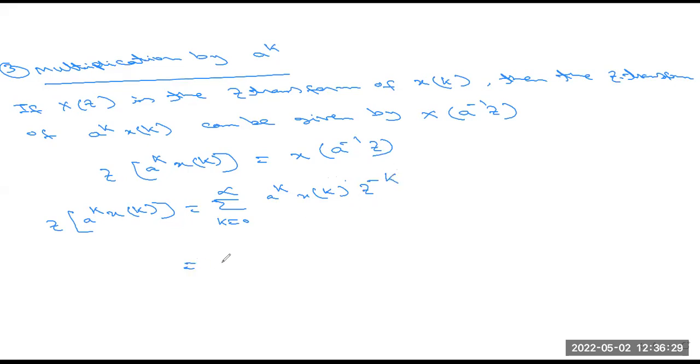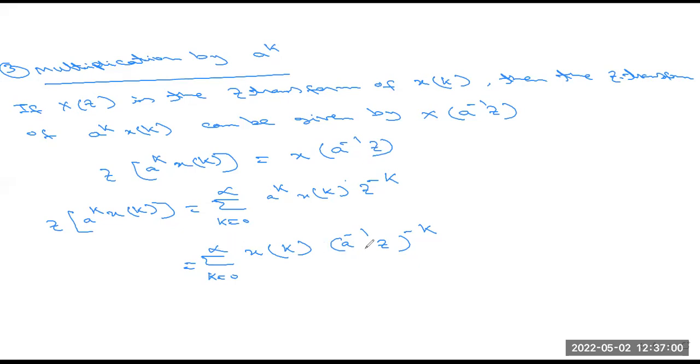So you have to put the value k equal to 0 to infinity. This is x of k and a inverse z to the power minus k. Now you have to put different values of k, that is k equal to 0, 1, 2, 3 up to plus infinity.